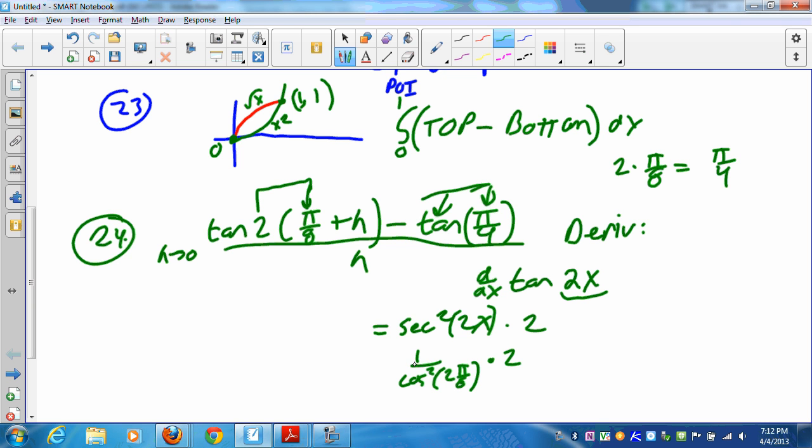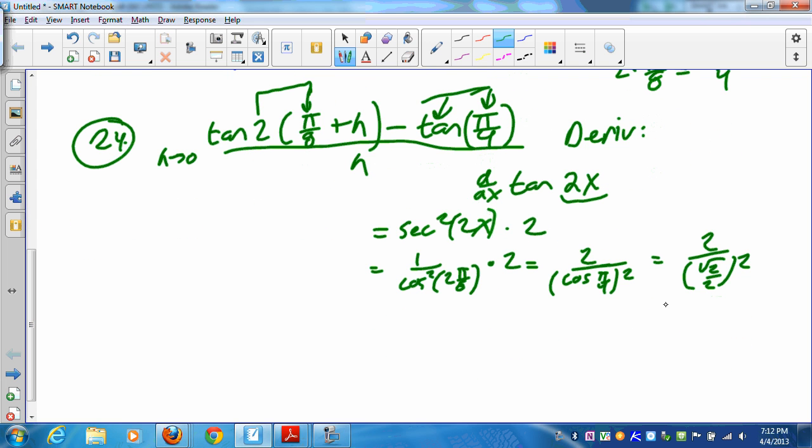So we're really looking at 2 over the cosine of pi over 4, and that answer is squared. So pi over 4 positive, so square root of 2 over 2. And then we're going to square that. And we're going to get what? Square root goes away, and that turns into a 4.